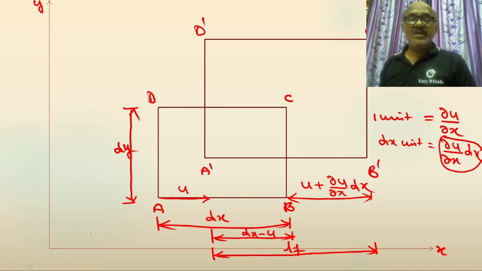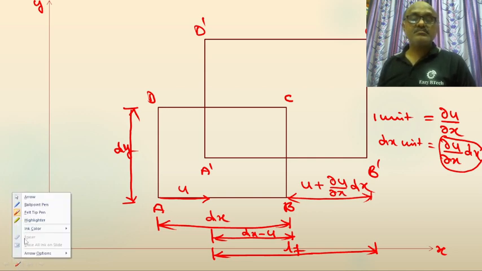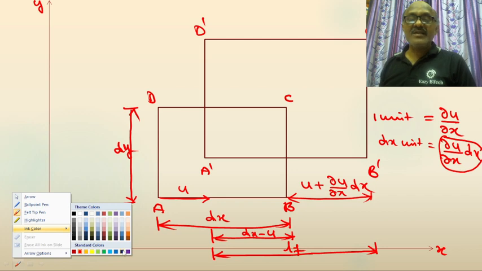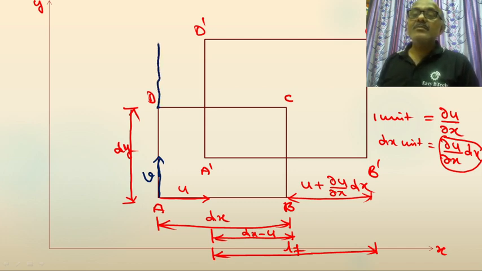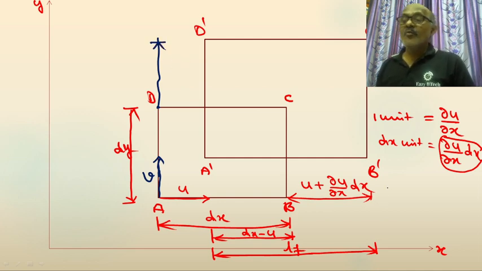Excellent, my dear friends. Now, I will use a different color here. A is displaced by v in the y-axis direction, but D is also displaced to D dash. In a similar manner, for 1 unit the displacement of D is dou v by dou y.